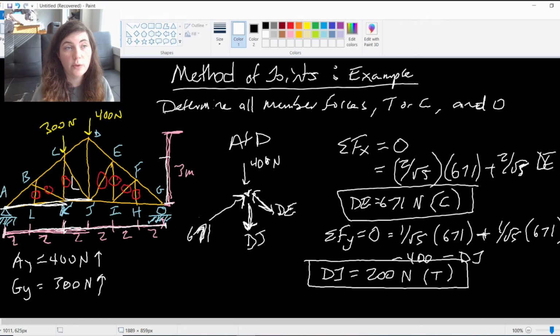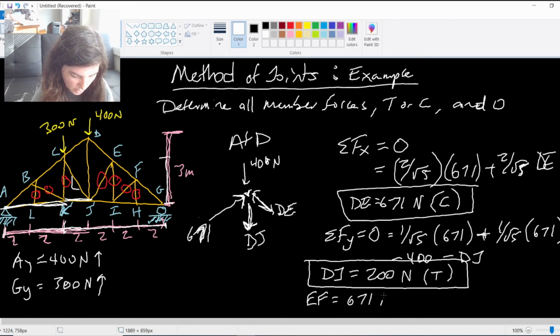And now that I know these, I can walk down my line. If I have DE, I know DE and EF have to be equal because of the zero force members. So EF is going to be the same as DE, 671 newtons in compression.